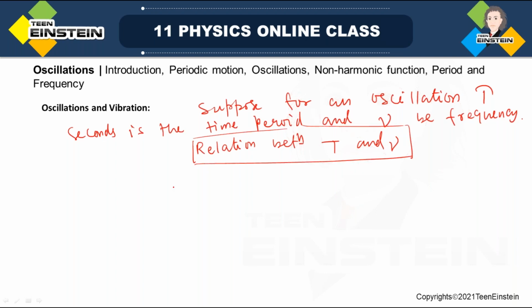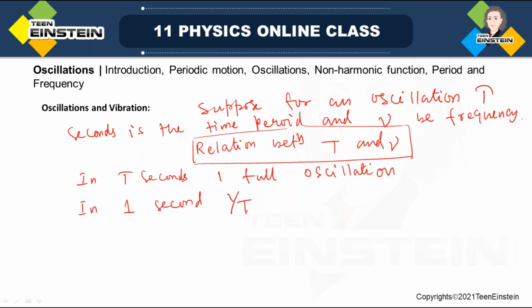I know the definition of both. So let us say in t seconds, one full oscillation, because this is the definition of time period. Then in 1 second, how many full oscillations will be there? 1 over t full oscillations will be there.